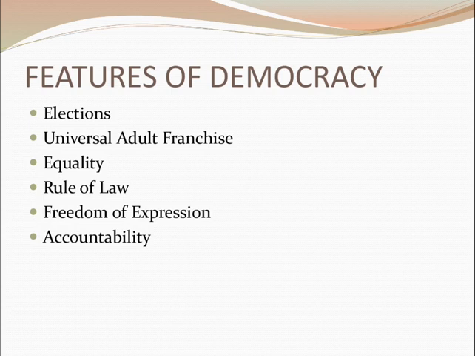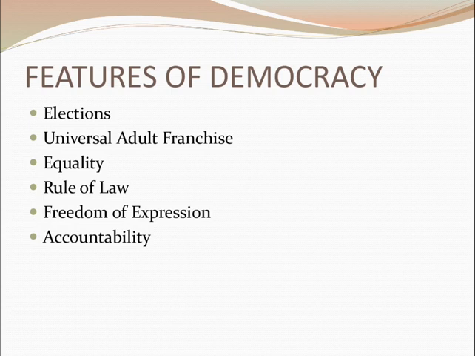Each one of them has a different symbol. Asha chose star symbol, Rahul chose book symbol, and Meena chose tree symbol. Here, the students vote privately, and they choose their own leader in the election.